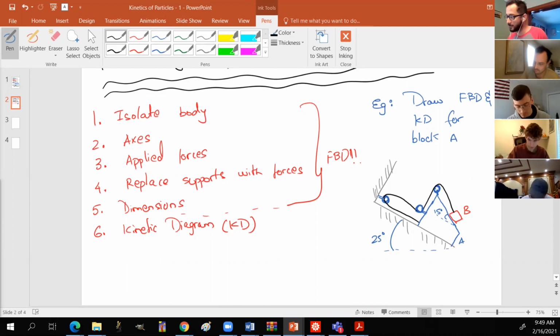Now, let's look at your body A and draw out the free body diagram.